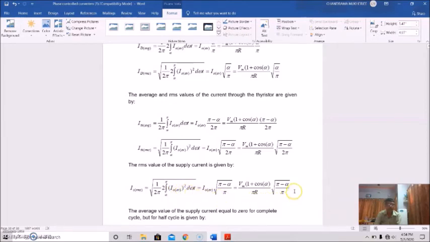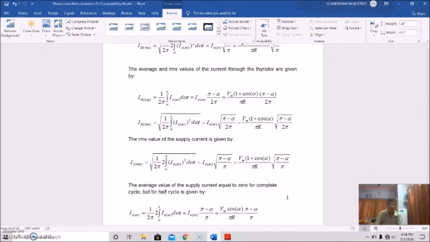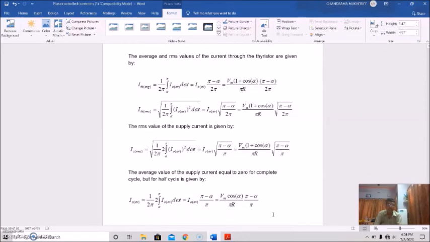So this will be coming like this: Vm into 1 plus cos alpha, divided by pi R, into the root over of pi minus alpha by pi. So the average value of the supply current is equal to 0 for a complete cycle.